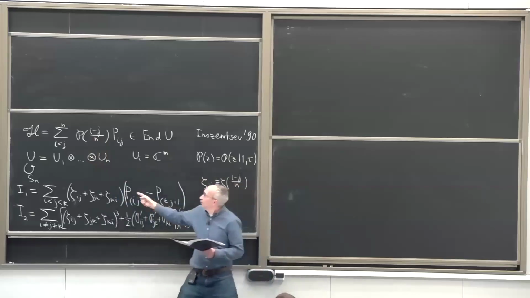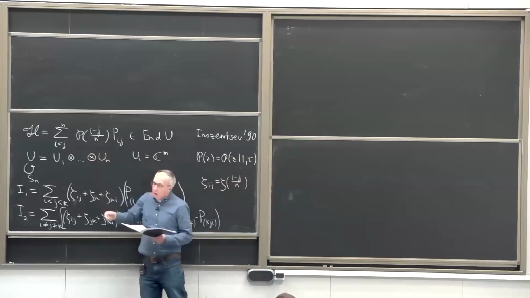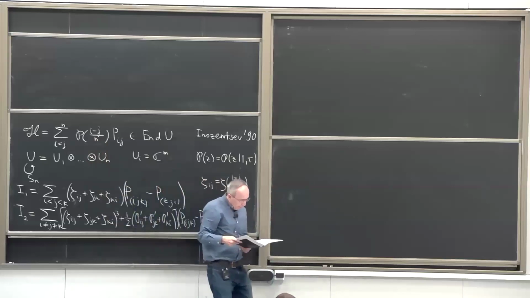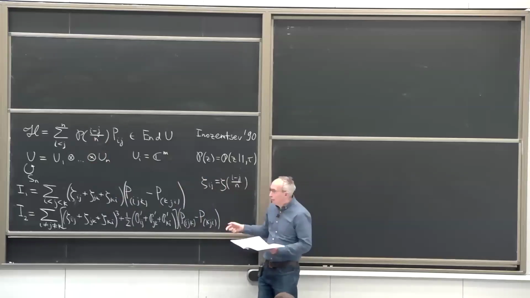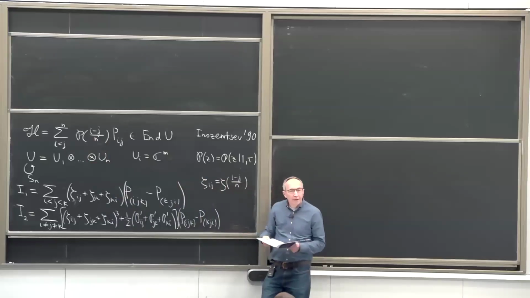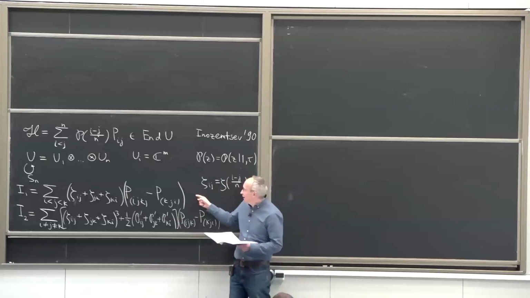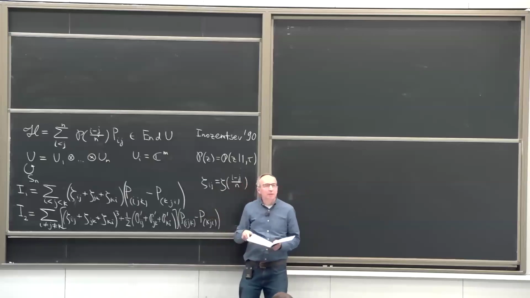So this is the distance between sites i and j, and that gives the strength of interaction. It's an interesting problem.